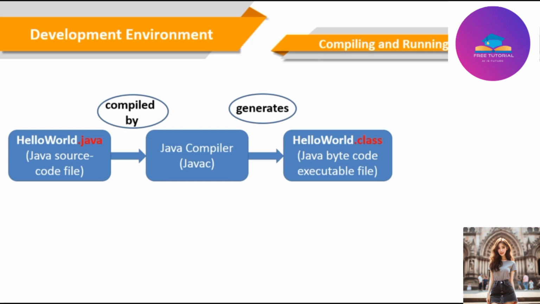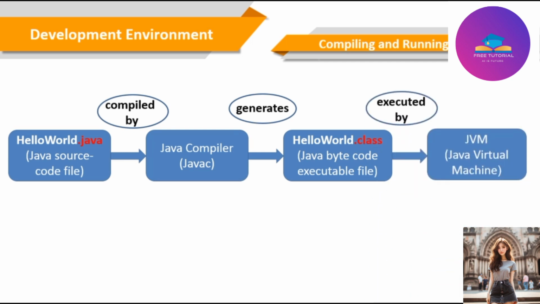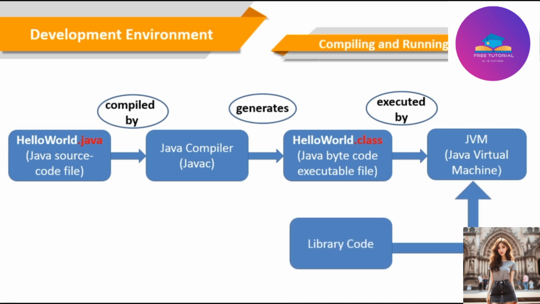And then this class file can be executed on any platform or operating system by the Java Virtual Machine. I love it. So the Java Virtual Machine translates bytecode into native machine code, which machines can then execute. Oh, also let me mention that library code is executed by the Java Virtual Machine.